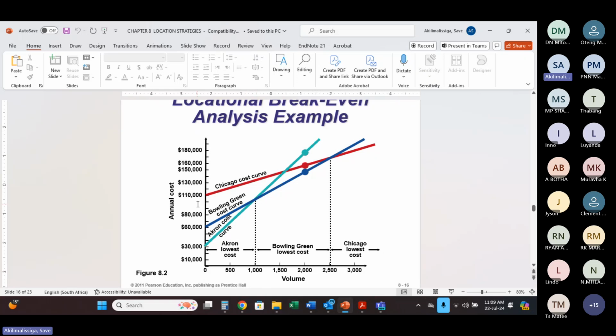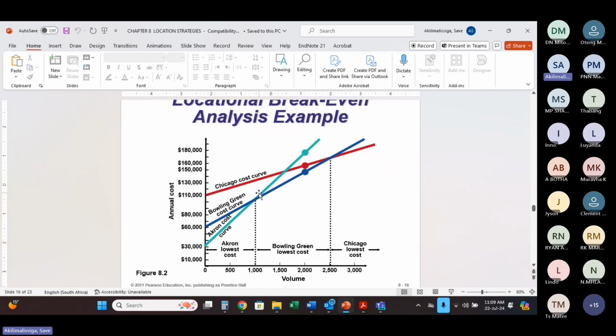So on the other side here, we also identify 105,000 rand, and that should be somewhere here. Again, you draw a line going this way, and where this line meets the other line, that is the crossover point between Bowling Green and Akron.